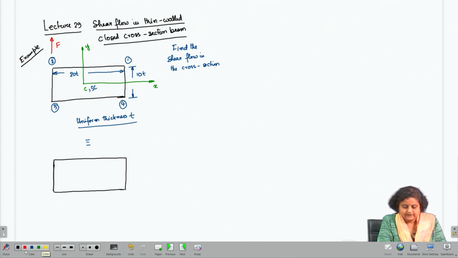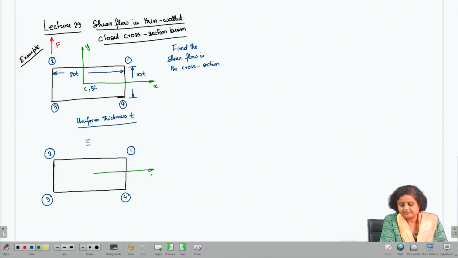Let us name the points 1, 2, 3 and 4. So, this is the x axis and this is the y axis.